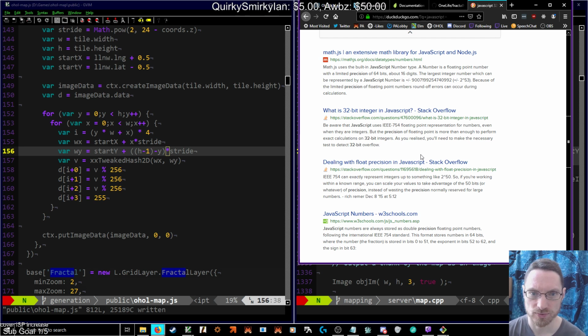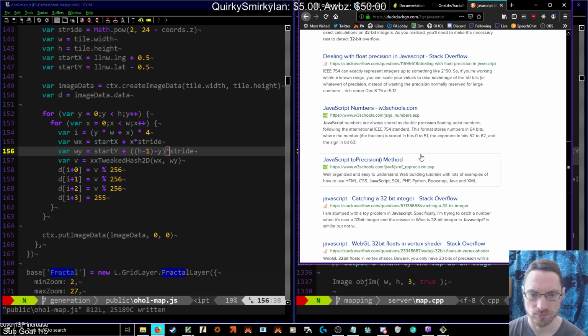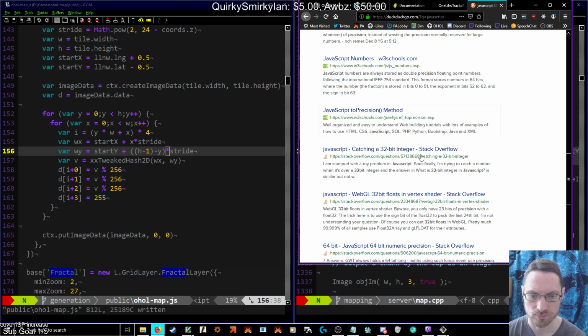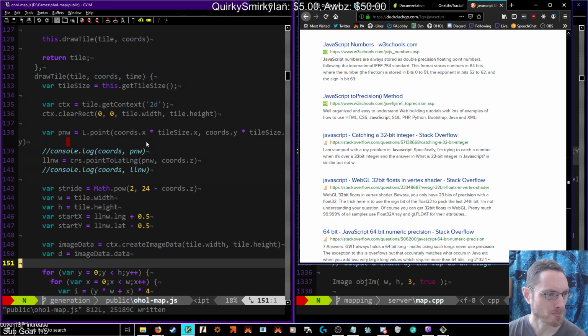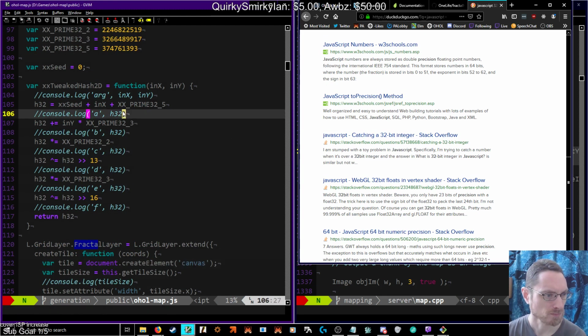Number type. So plus plus. Yes, they're probably counting on some wraparound. And as annoying as that is, in order to get exact results, we have to account for that.